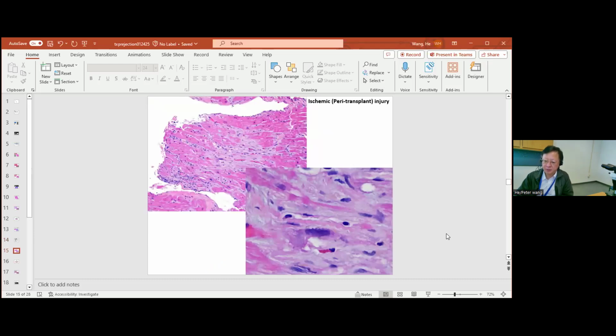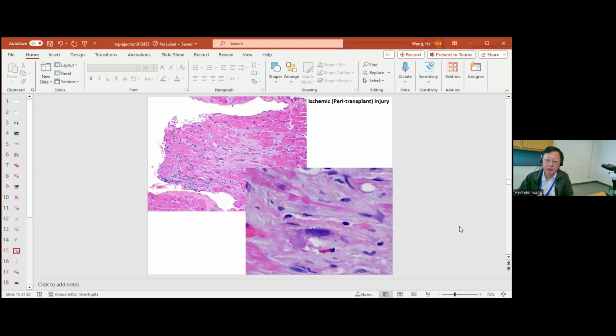This is another example. As we can see, more and more hearts may come from aged patients, or even for young patients, there may be some cold time, so-called cold ischemic time, when the heart is not maintained in a proper solution. At least a couple of years ago, the solution was not that widely available. So you can see a focal area of fibrosis, and surrounding that, you can see lymphocyte infiltrate.